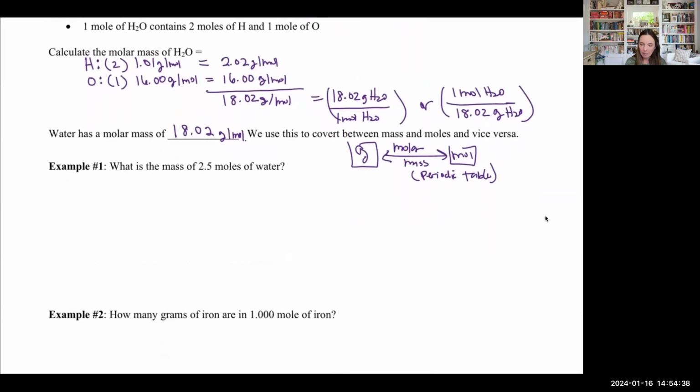Okay, let's look at example number 1. What is the mass of 2.50 moles of water? So number 1, what are we given? 2.5 moles H2O. 2, what are we trying to find? How many grams of H2O? So 3, what is the conversion factor?